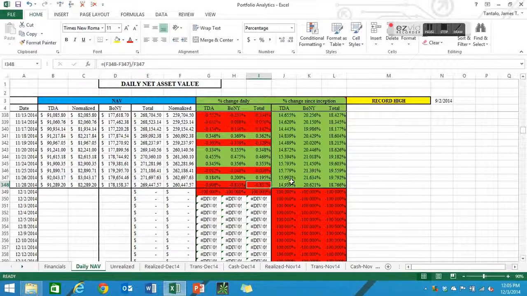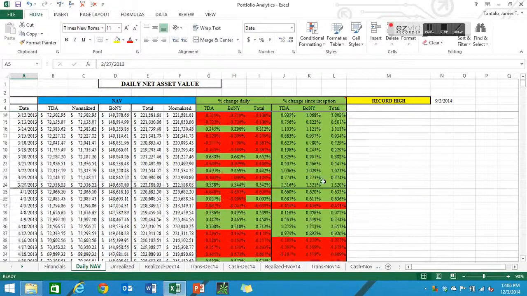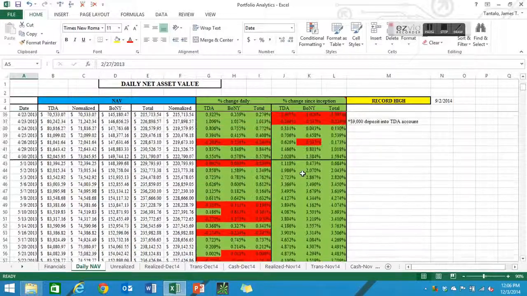And then how much value has our portfolio gained since inception? Now I'll put inception in quotation marks, because I'm only reading that starting as of the date of documentation, which was February 27th, 2013. Whereas the portfolio started in 2005, when I created this spreadsheet, the first day that I did that was February 27th.